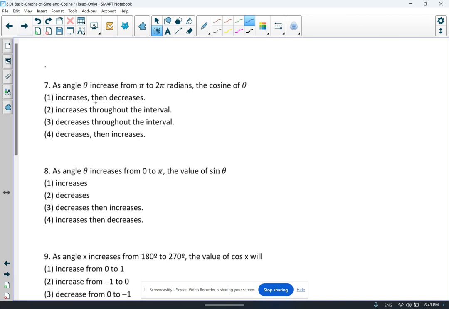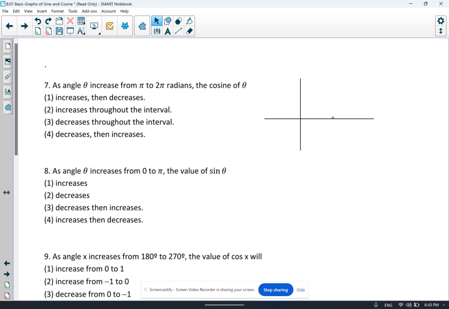So on number 7, you're told that an angle increases from pi to 2 pi radians. As the angle increases from pi to 2 pi radians, what happens to the cosine of the angle? Okay, so let's graph one cycle of that function. It's really helpful to see that.